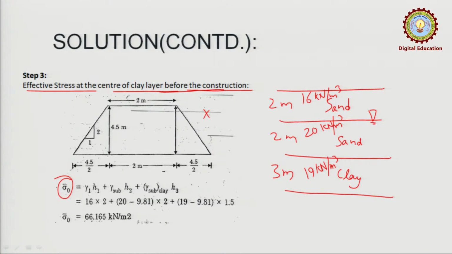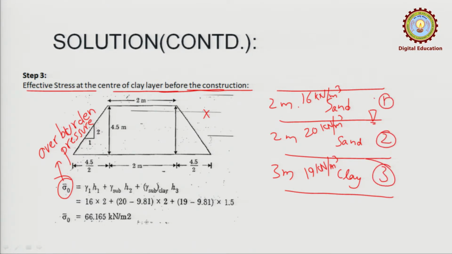Now, let us calculate the overburden pressure. Okay. So, gamma 1 H1. What is gamma 1 H1? Let us take it as first layer, this will be the second layer, and this will be the final or the third layer. So, this is for first, this is for second, this is for third, these expressions.